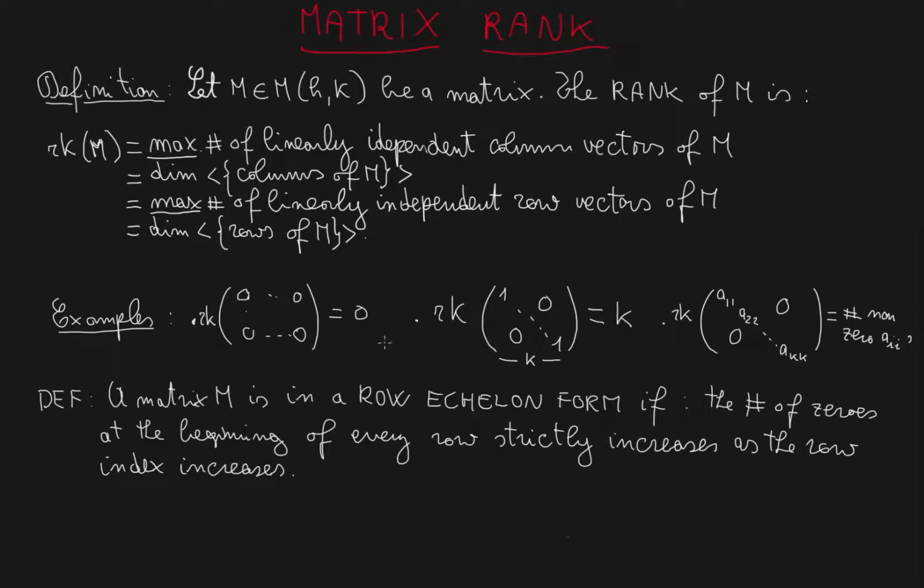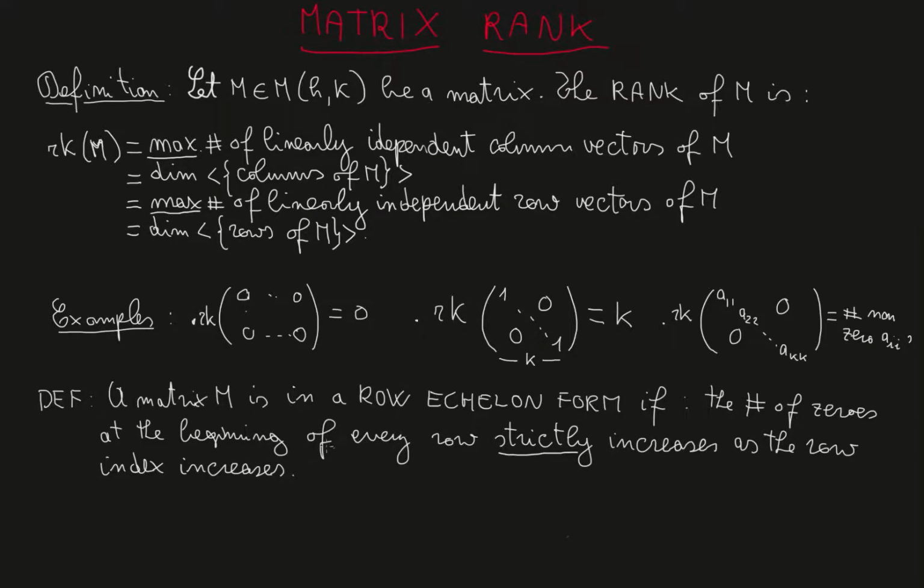This broader class of matrices is called matrices in row echelon form. So what is a matrix in row echelon form? It's a matrix for which the number of zeros at the beginning of every row strictly increases as the row index increases.